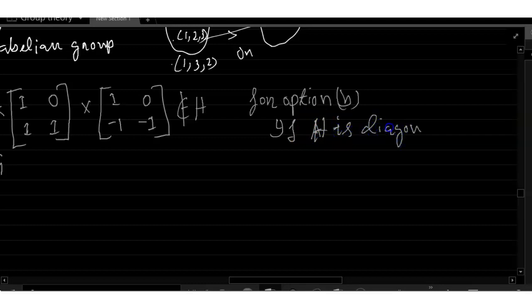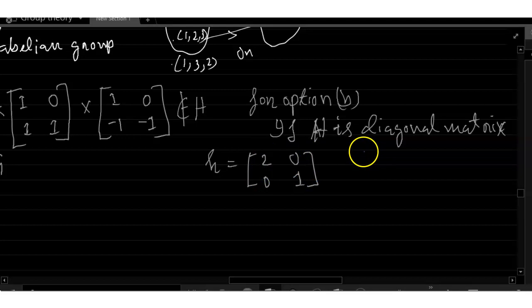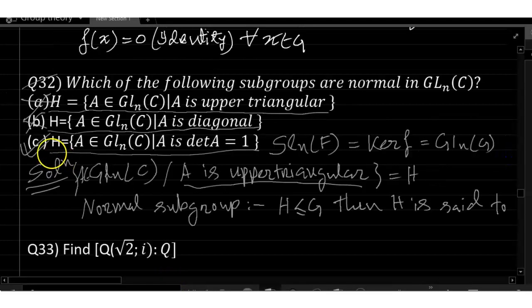then take H, small h is 2 0 0 1 and G belongs to GLNC, but for option C you can get GH.